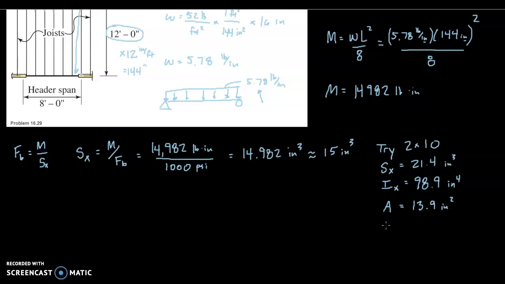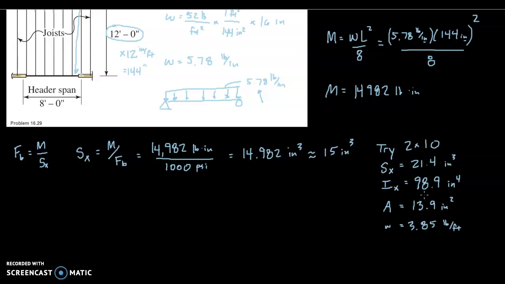And we may or may not need to include the self-weight of the beam. Self-weight is less of a concern with wood because it is a fairly lightweight material, but I'm going to go ahead and write that down anyways. A 2x10, again looking at the same appendix here, has a weight of 3.85 pounds per foot.